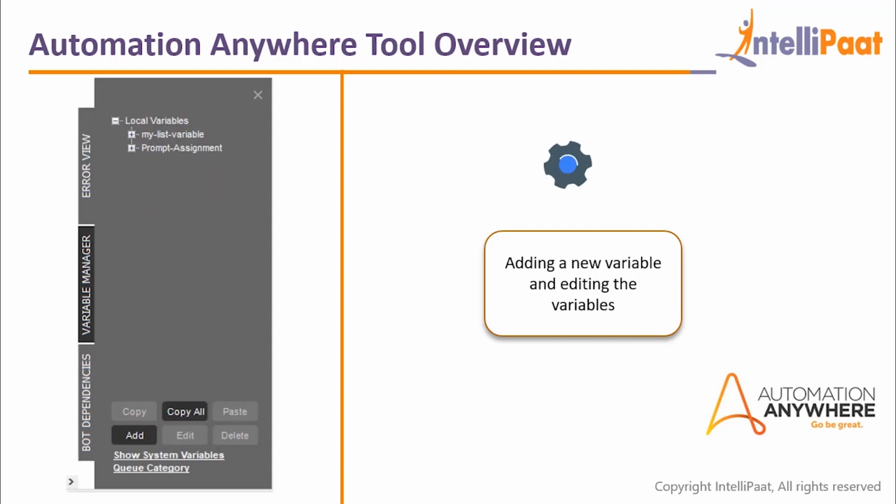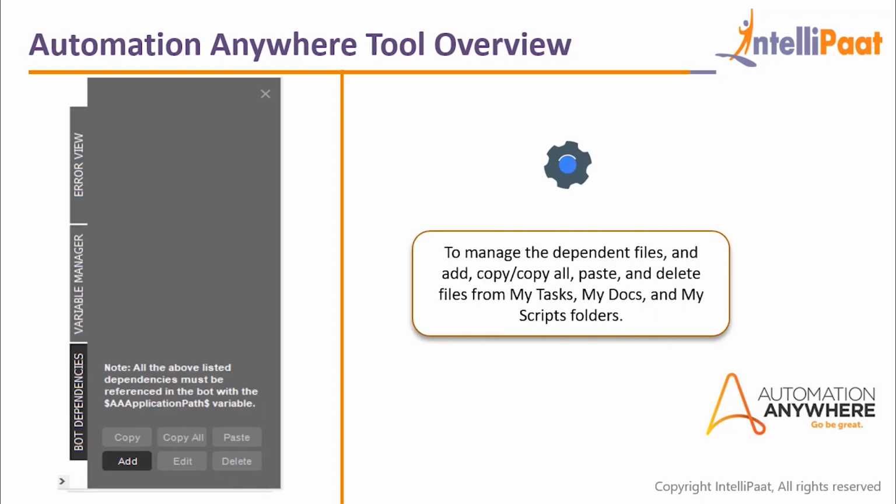Next is the variable manager. We can add new variables or edit the existing variables in here, like copying, pasting, deleting. And bot dependencies to manage the dependent files, like add, copy all, paste, delete files from my tasks, my docs, and my script folders.